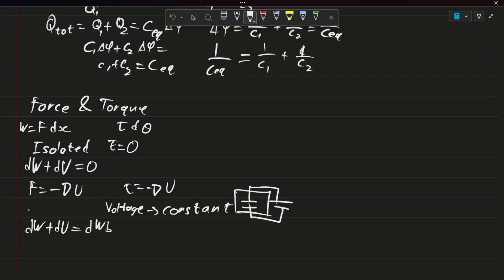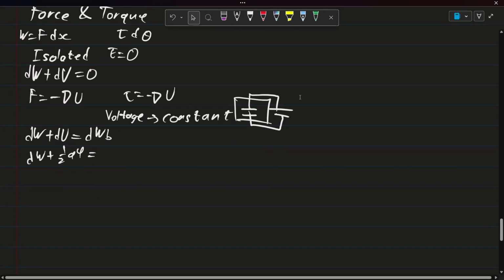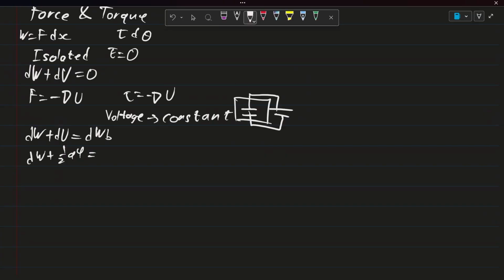So this would mean that your work plus potential energy is increasing. Your energy is increasing by applying this work from the battery. And so if you try to analyze what's the actual values, the dW here plus the dU is half Q phi for each of the components, must equal the work of the battery. And in here, because we are keeping our potential constant, we could just use the definition of Q phi.